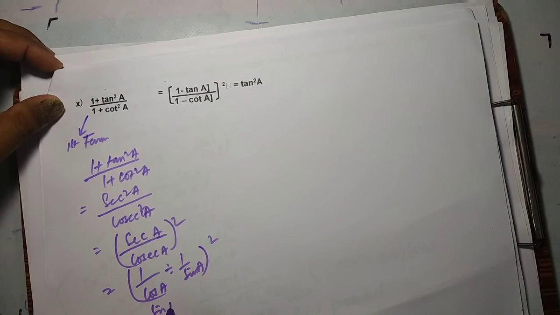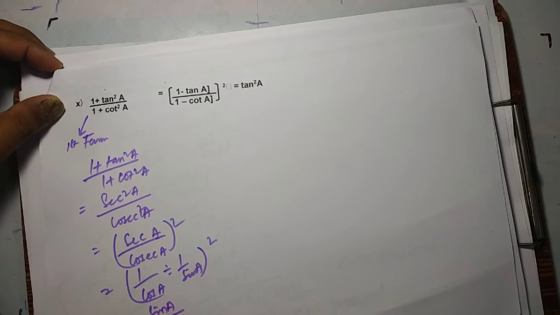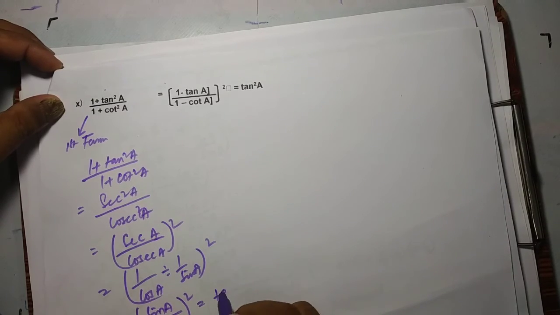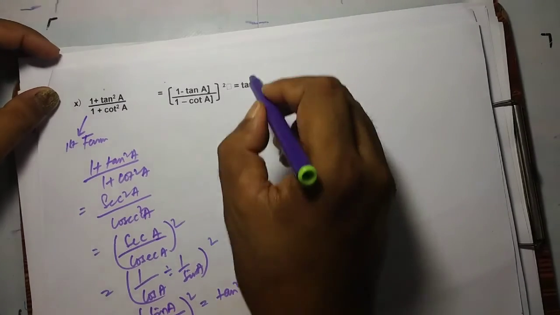So this is nothing but sin A on the top over cos A whole square, which is tan square A.